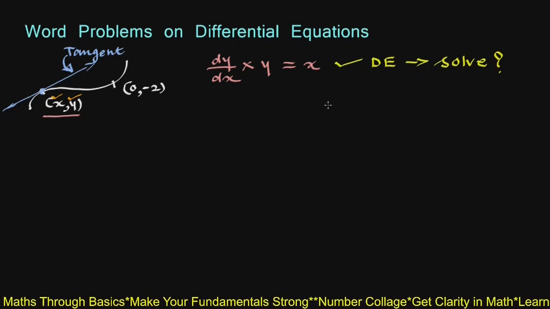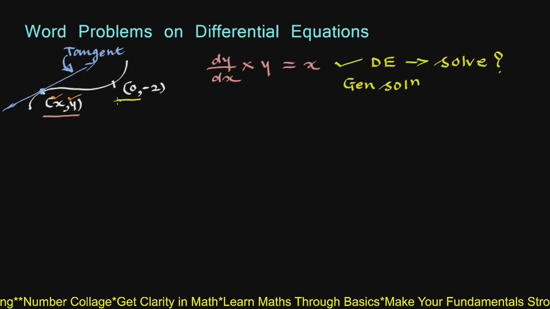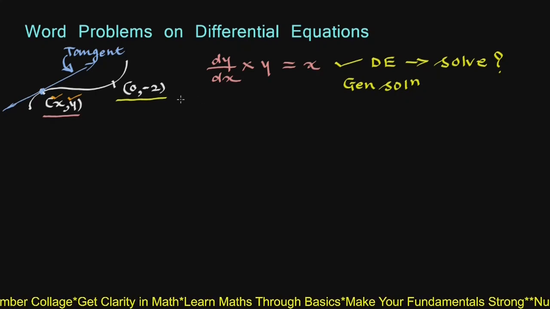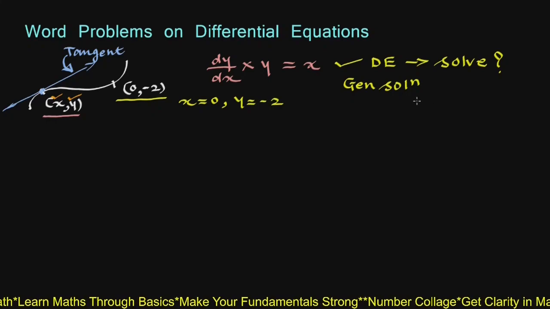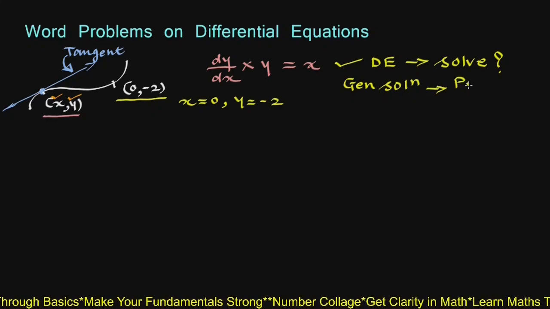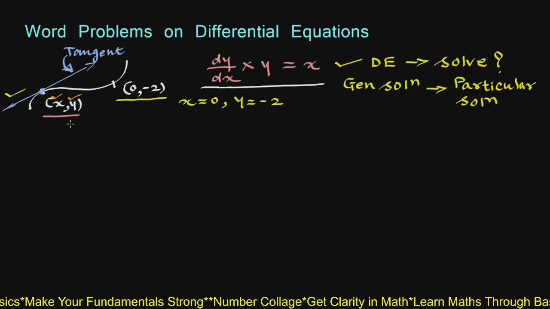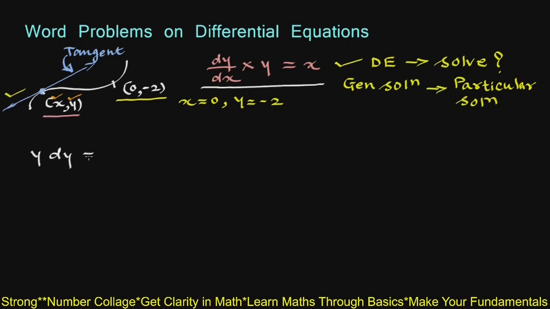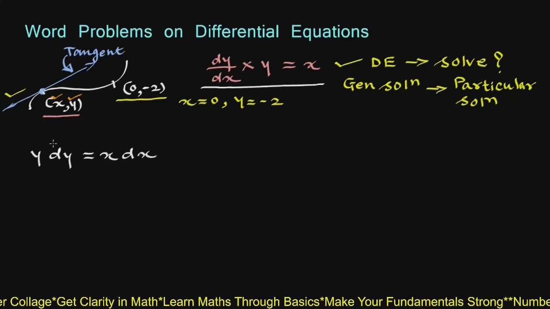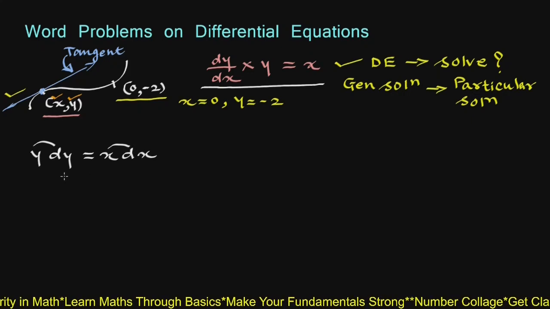So first we will find the general solution, and after that, from this point (0, minus 2), using x equals 0 and y equals minus 2, we will find the particular solution. So the first thing is to solve this differential equation. For separating variables, we write y dy equals x dx, function of y with dy, function of x with dx.